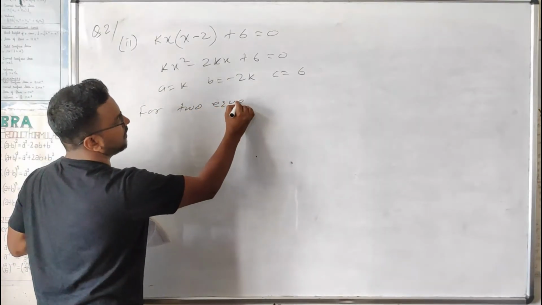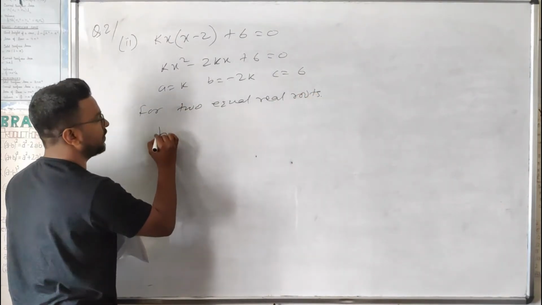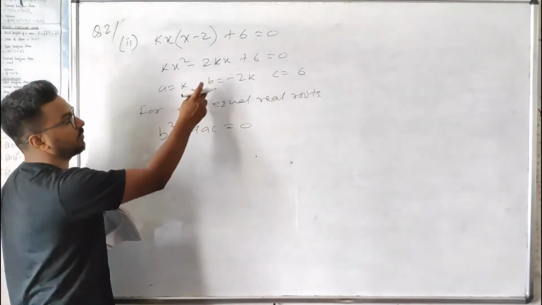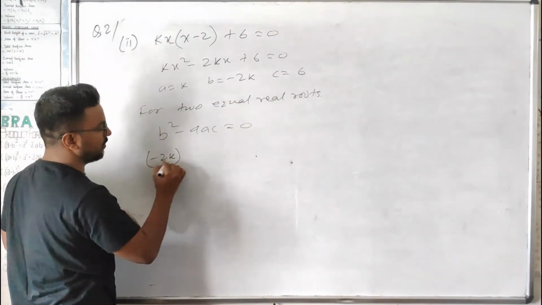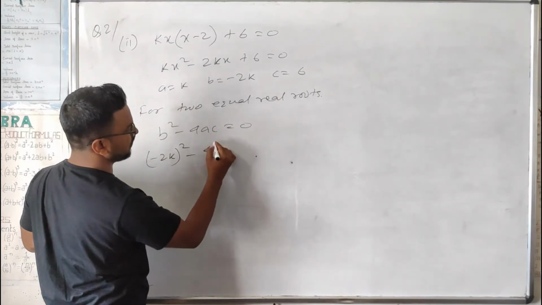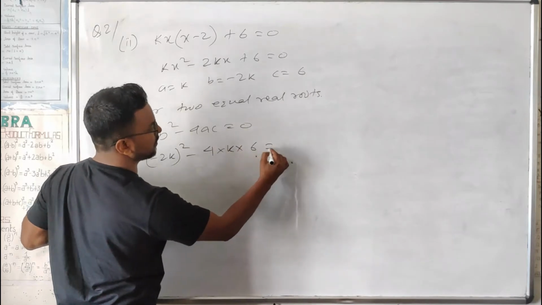Okay, so for 2 equal real roots, b square minus 4ac equals to 0. So what is b here? b is minus 2k whole square minus 4, a is k, and c is 6 equals to 0.